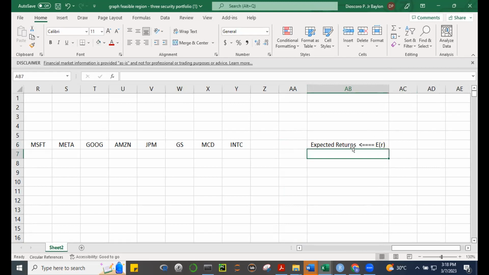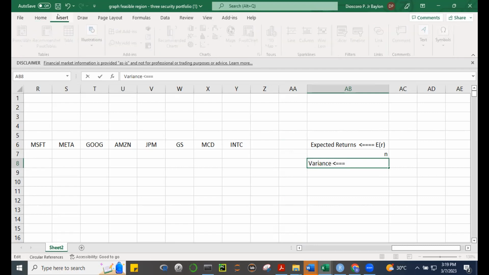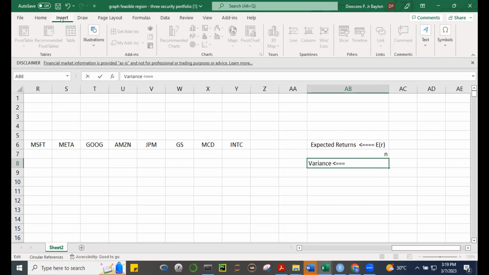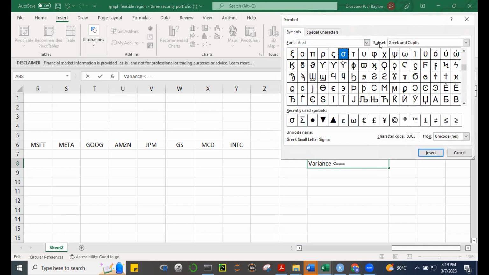Aside from the expected returns, we will be needing the count, and also we will be needing the variance, which we will denote as, let's insert here, insert tayo ng sigma dito, insert symbols, and then I'm using Greek and Coptic, andito si sigma.